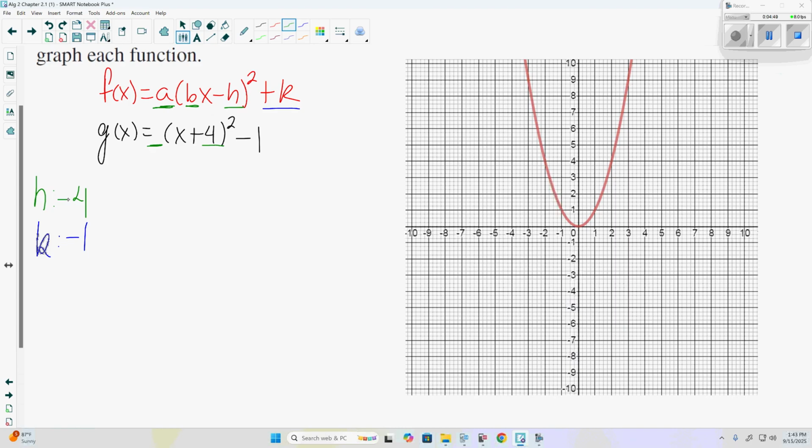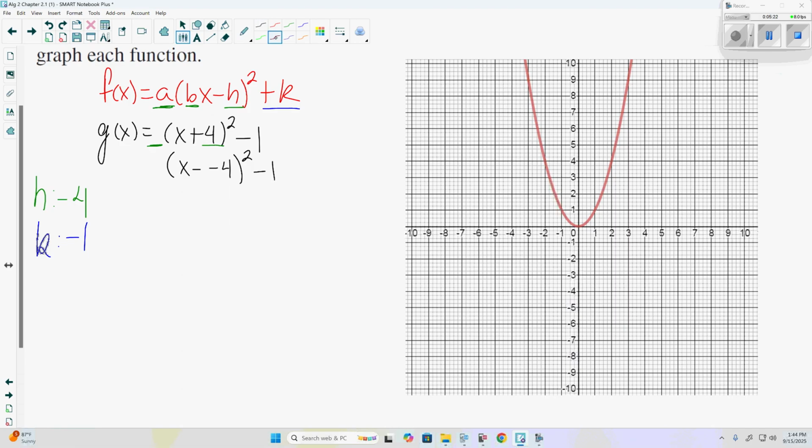It's x minus h, yes? So for us to match it up with the general form, really what we're saying here is that we have x minus negative 4. Because the only way that we can turn it from x minus h to x plus 4 is if that value of h is negative, because a negative and a negative make a positive. So the x plus 4 for us here is really x minus negative 4.